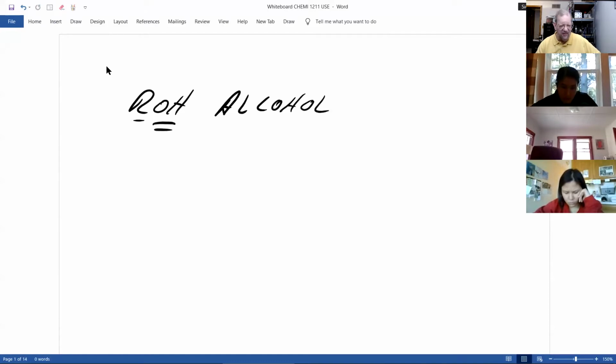And alcohol nomenclature: find the longest chain or ring with the hydroxyl group on it, name it as an alkane or cycloalkane, drop the E, replace it with OL.